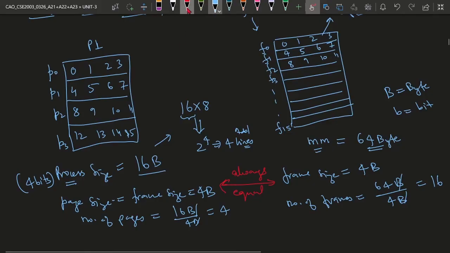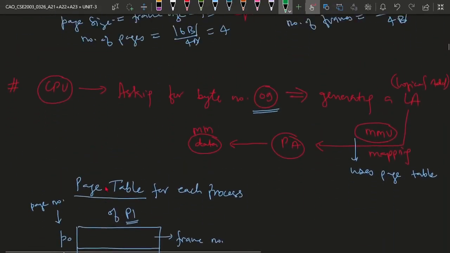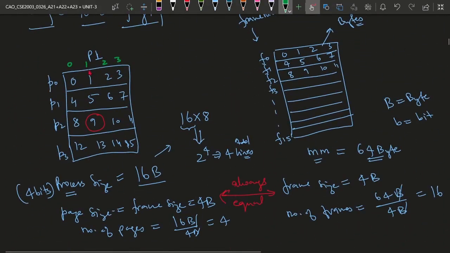The 9 is at page number 2, with the offset value being the index. This is index value 0, this is index value 1, this is index value 2, and this is 3. Whenever we talk about the offset, 9 is stored at index value 1 and page number 2.